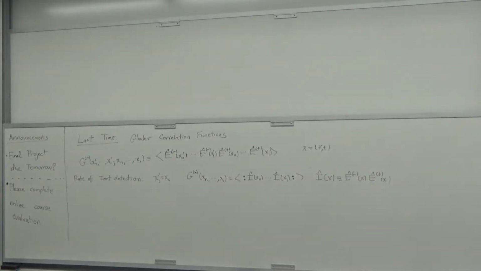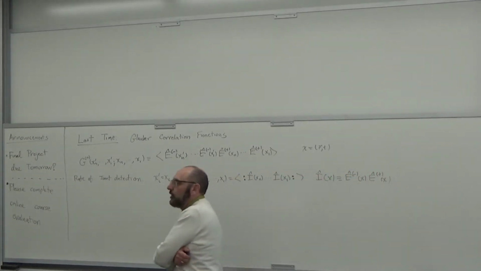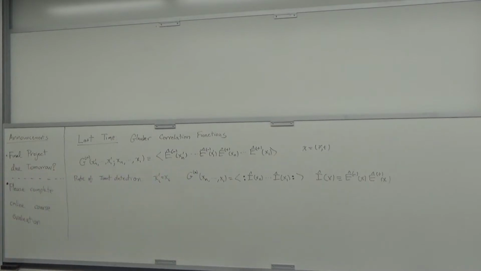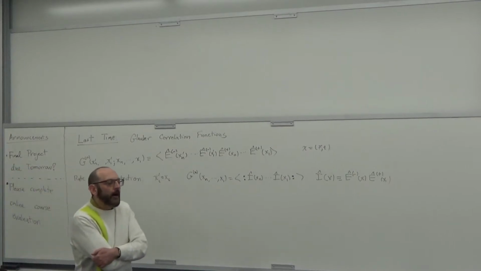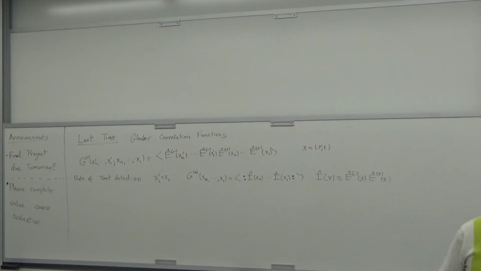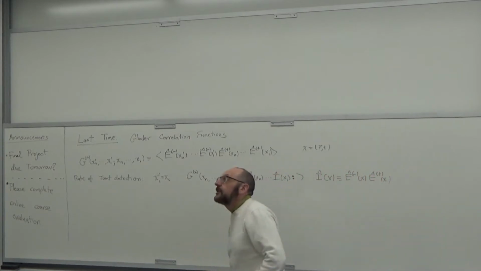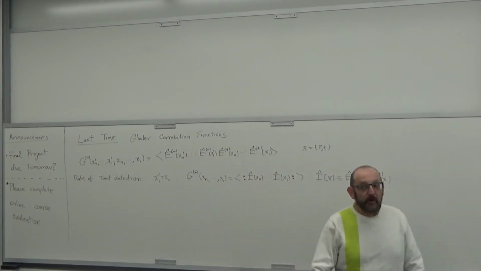All right, so last time we had derived the famous Glauber correlation functions, which follow from the full quantum theory, thinking about joint probabilities or rates of photodetection associated with n photons at n photocounters.